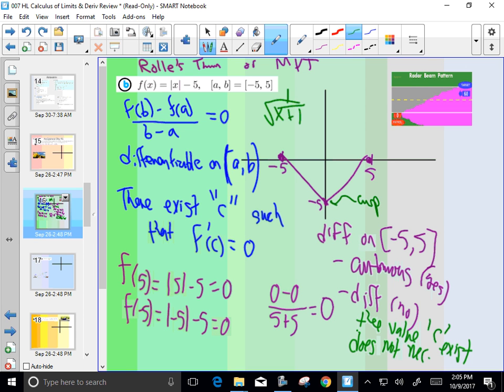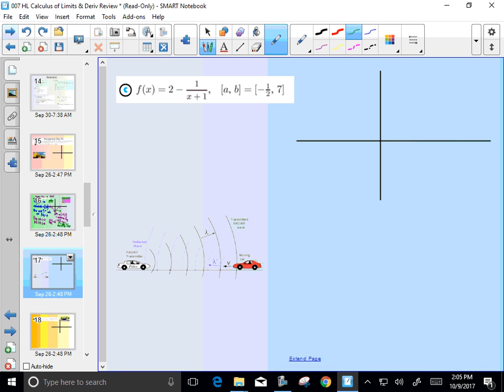Whatever will make this negative won't be continuous. But it may not be in the interval, so that's okay. But the other is anything that has absolute value or piecewise has a shot at being a cusp. Pretty hard without a graph.